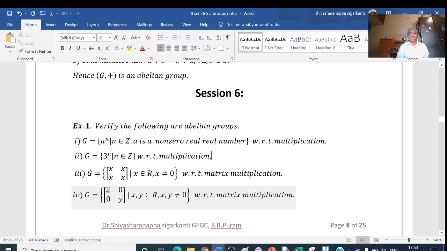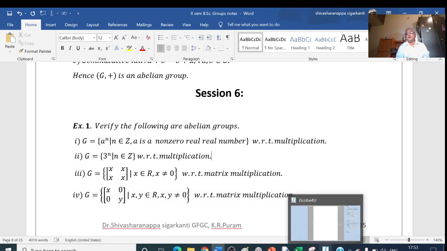So here a11 is equal to x and a22 is equal to y. So this is a diagonal 2 by 2 matrix where x and y are real numbers and both x and y are not equal to 0. This is with respect to matrix multiplication. Okay, so let us try one by one.